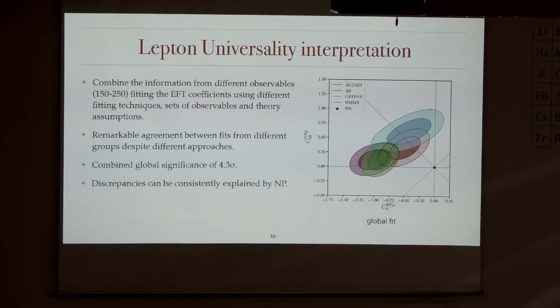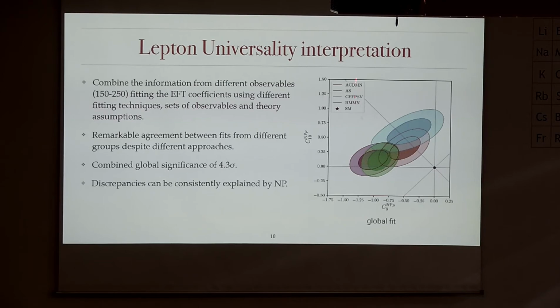In this picture, we have between 150 and 250 different observables from different experiments. And they are fitting these coefficients that I showed you before, these C coefficients. You can compute the standard model version, and then compare with what the result of this fit is.